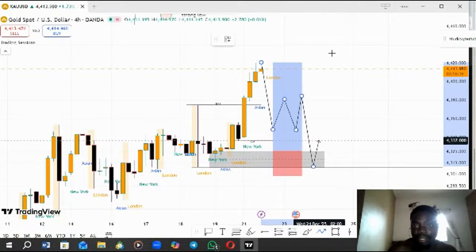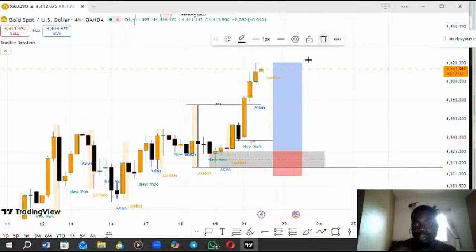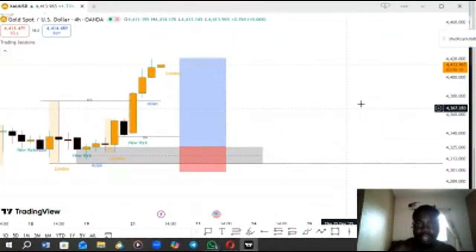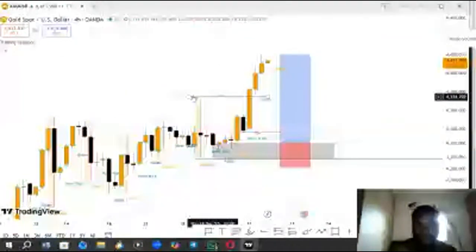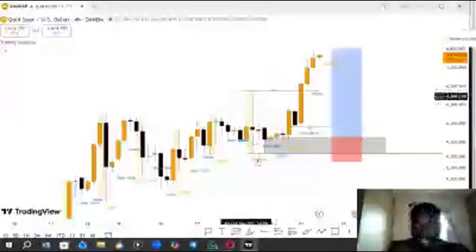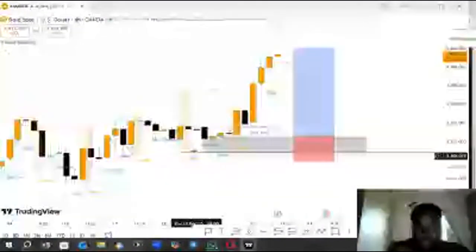You can expect this and then you expect this, on gold. Since this is my latest break of structure, I cannot mark out this low here as my swing low.